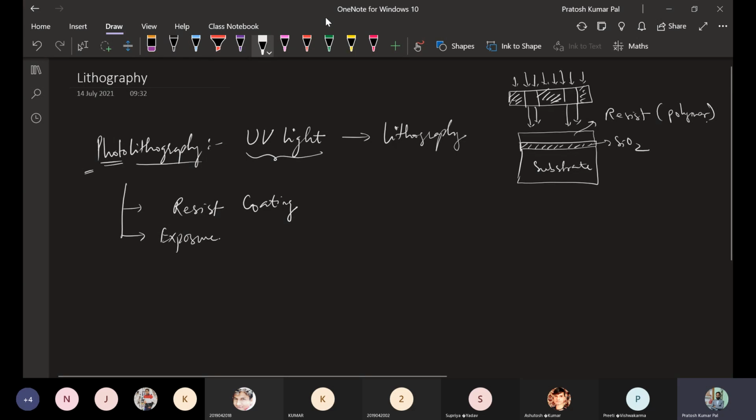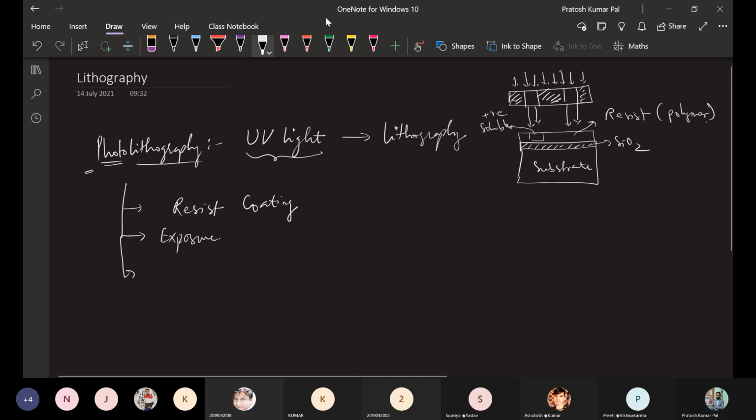Based on the resist type, either positive resist or negative resist, it will react. In positive resist, where the ultraviolet light goes through, this part will become soluble. If negative resist is there, whenever the light passes on the resist, that part will be hardened and the remaining part will be soluble, which can be removed by the etching process or some developing process.